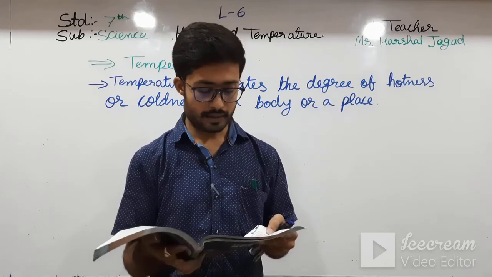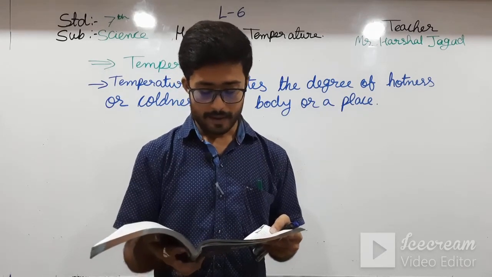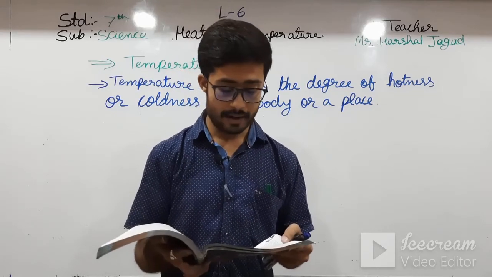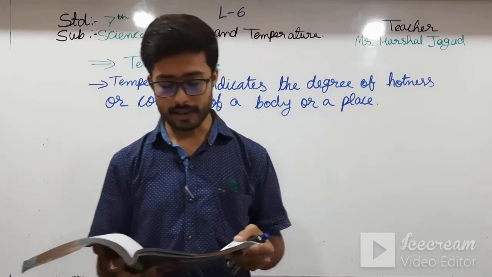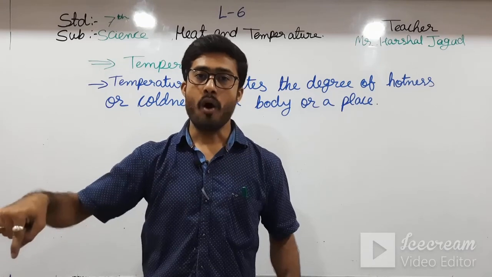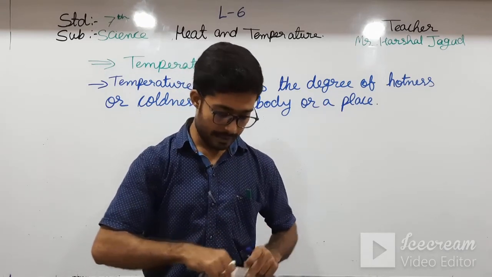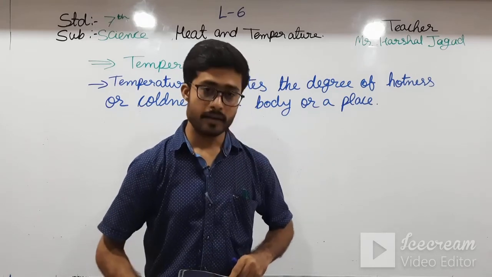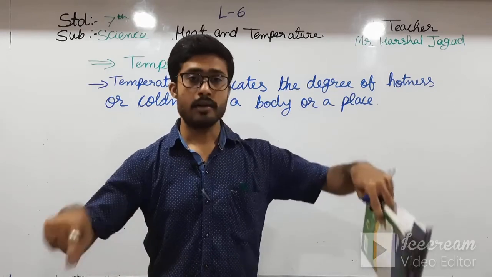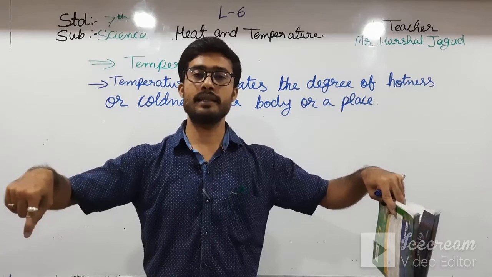Dip the index finger of your left hand in the left glass containing ice cold water and the index finger of your right hand in the right glass containing hot water. So this finger is in cold water and this finger is in the hot water.